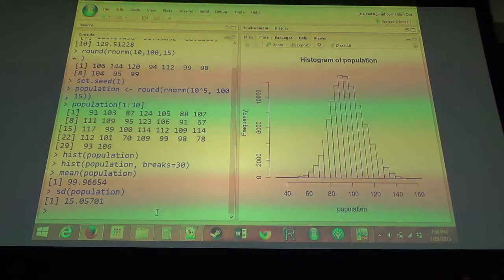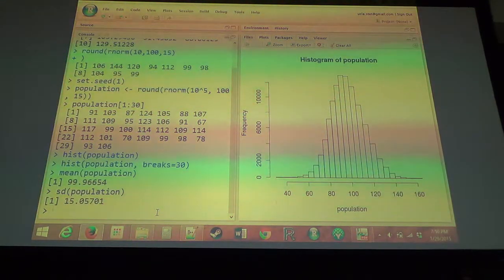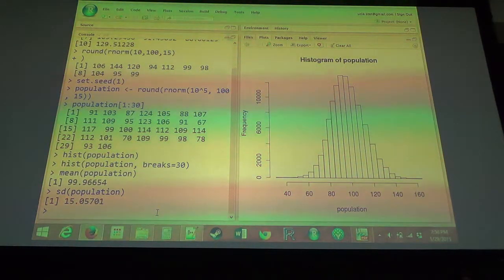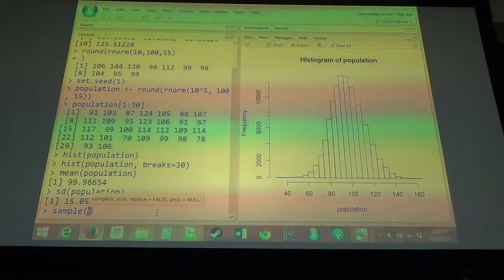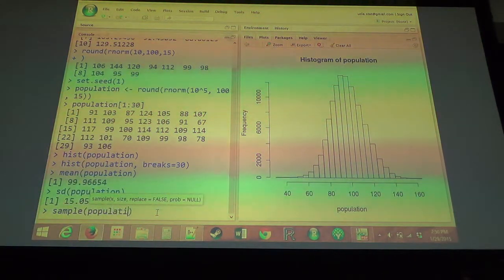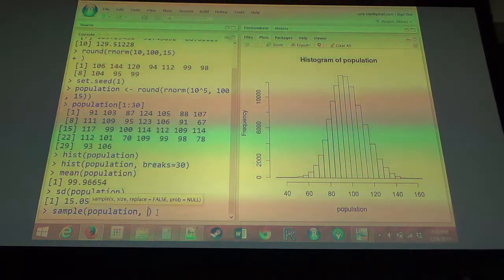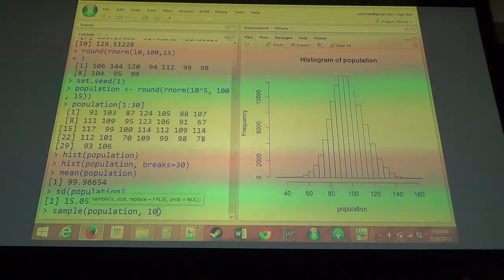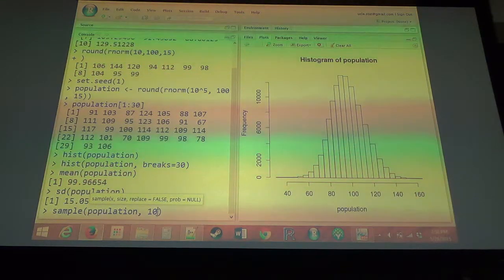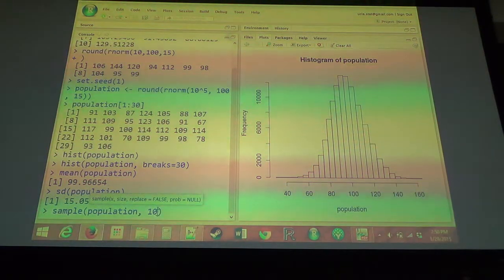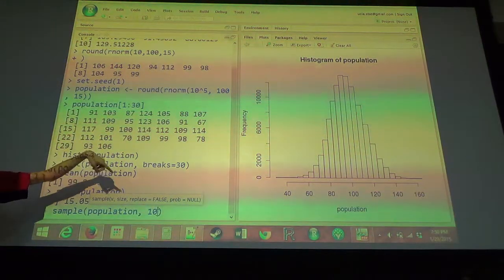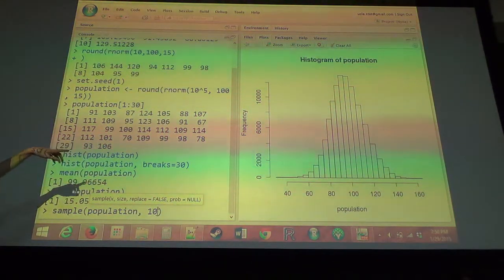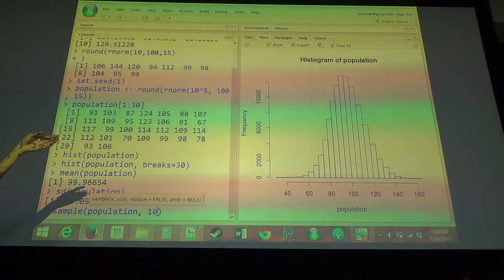And here I'm going to do random sampling. I use this function sample, and I'm going to sample population. Let's say I want to take a sample of 10 people from the population. What this does is it goes into this list, not of 30, but of 100,000 people, and selects 10 people at random out of 100,000.